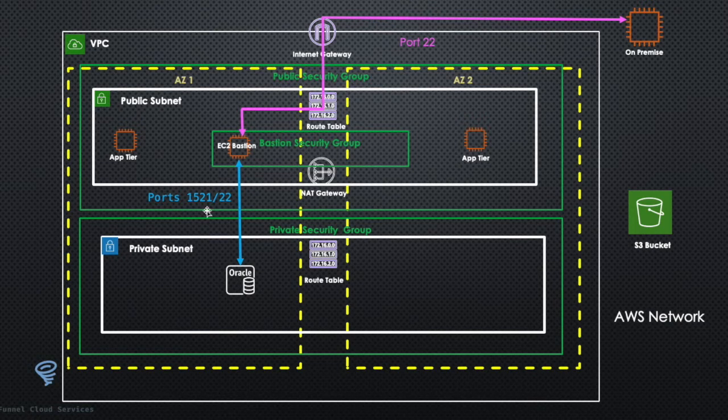That could be port 22 if we want to just bunny hop, SSHing in over here and then bunny hop over here, so then we'd be on the database server itself. Or likewise, if we're doing a SQLnet call, we can go through 22 and then it'll go to 1521 to get to the database information, and that will be encrypted, sending back over to the on-prem solution. So it's a secure approach to it all.